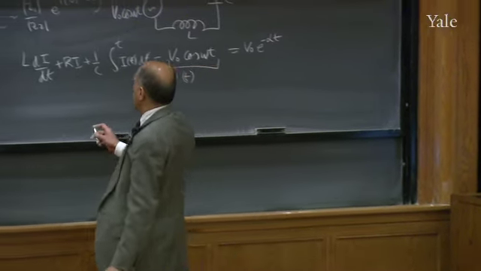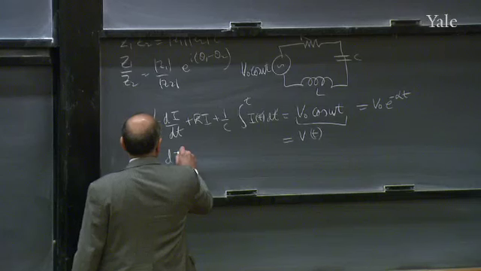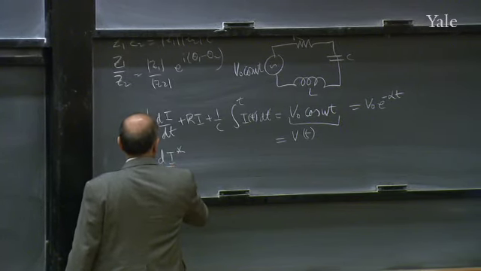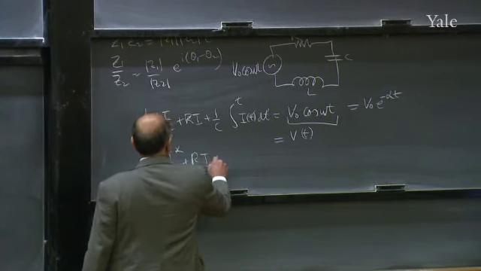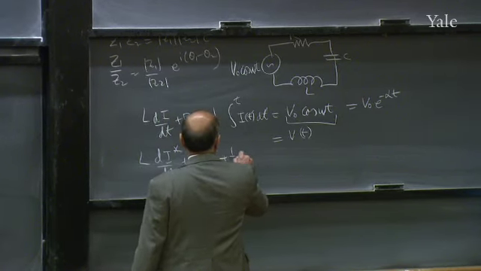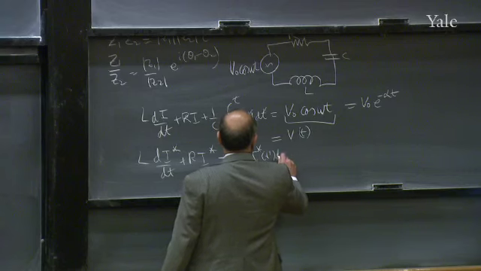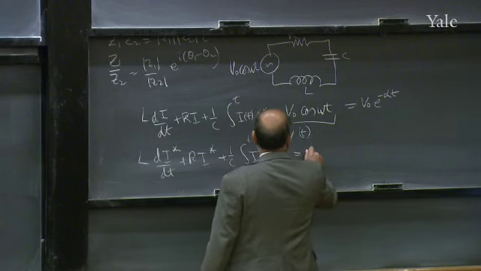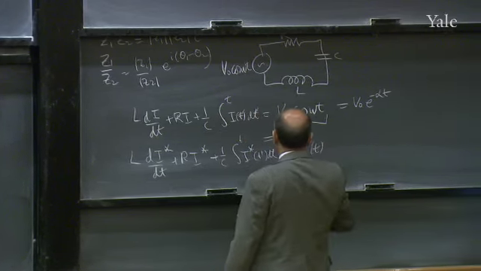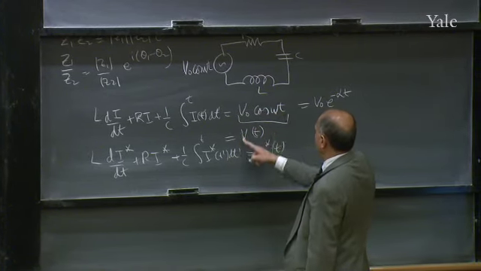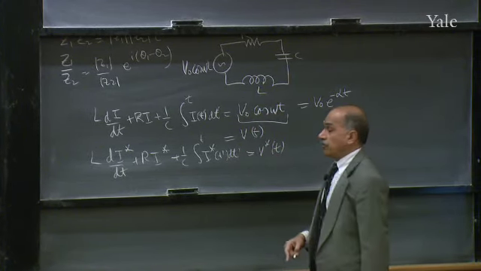So it means L di star/dt plus R times I star plus 1 over C integral I star of t prime dt prime up to t equals V star of t. So star is the rule by which if V had real and imaginary parts, you flip the imaginary part.